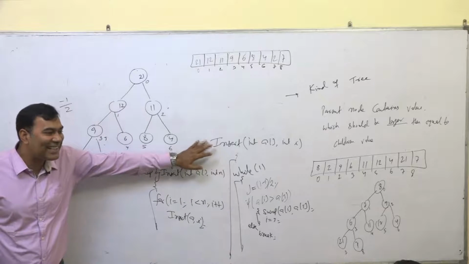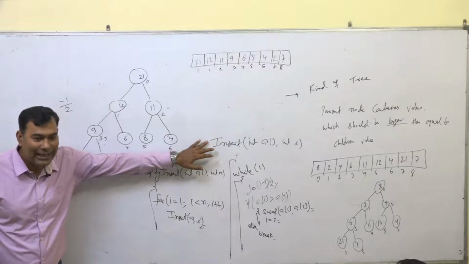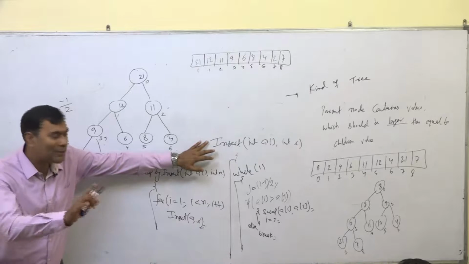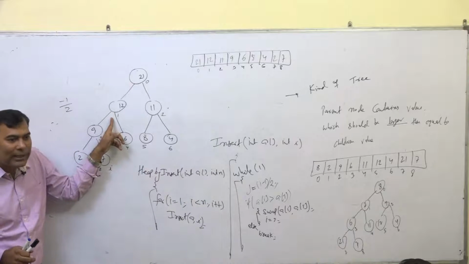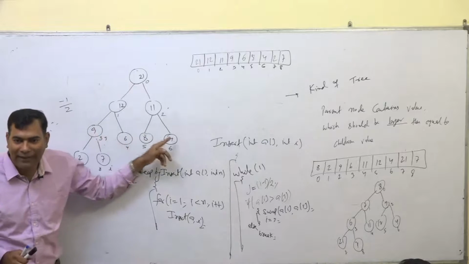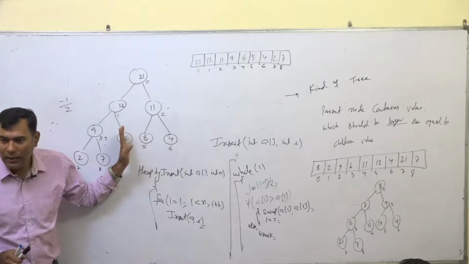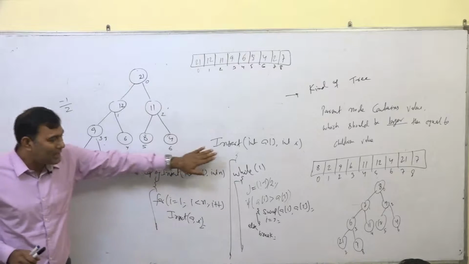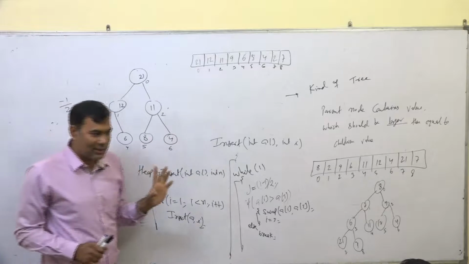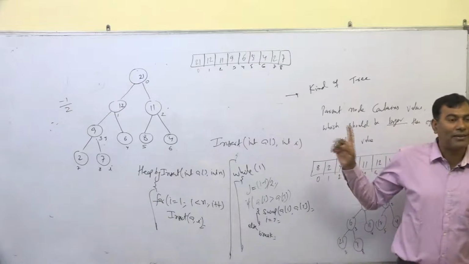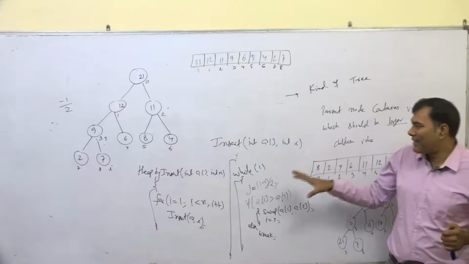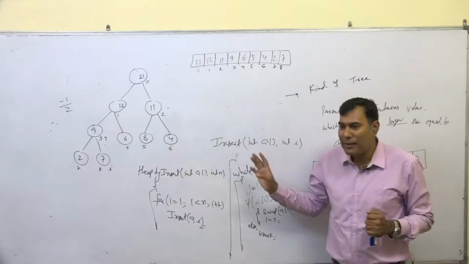ये एक सिंगल इंसर्ट है। इसमें हम इस इंसर्ट को कॉल कहां से करेंगे? इंडेक्स 1 के लिए, फिर इंडेक्स 2 के लिए, इंडेक्स 3, 4, 5 होगा, आ रहा समझ में? This insert is a single insertion, and our target is to insert all elements.